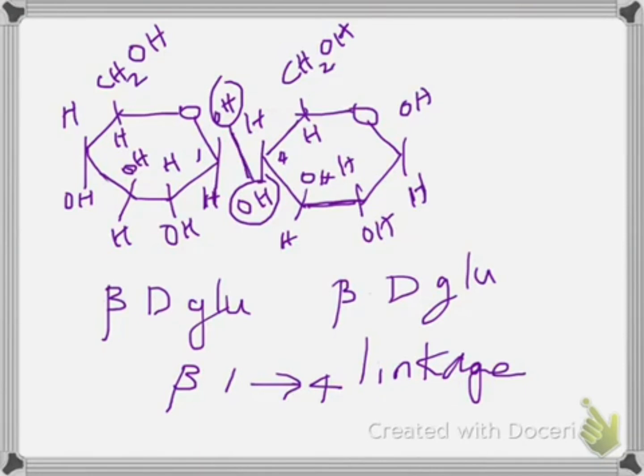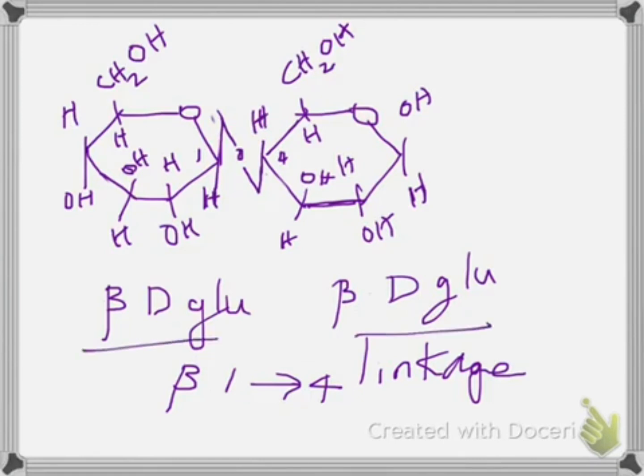The bond will be like this. So these two beta-D glucose units are linked by the beta-1,4 linkage.